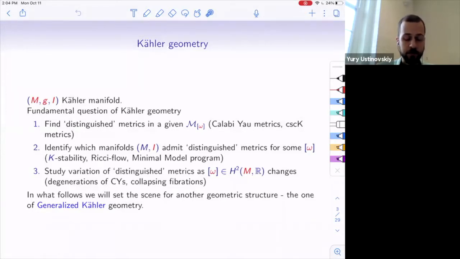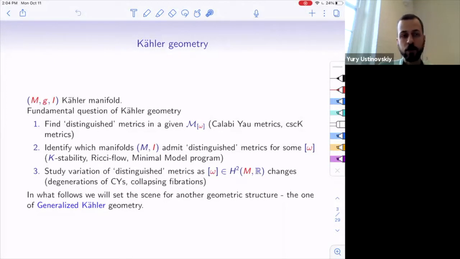Another type of question would be to identify which manifolds admit some Kähler class with some distinguished special metrics. These are all related to questions of K-stability, the search for Einstein metrics on Fano manifolds, and the minimal model program can also be looked at through the lens of this question.